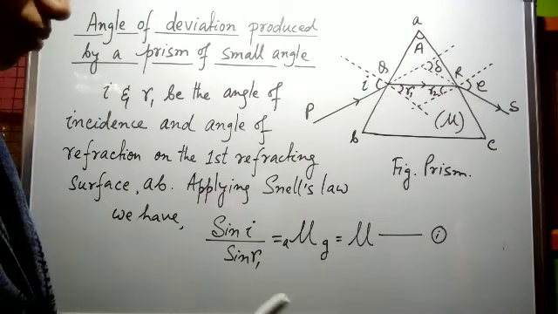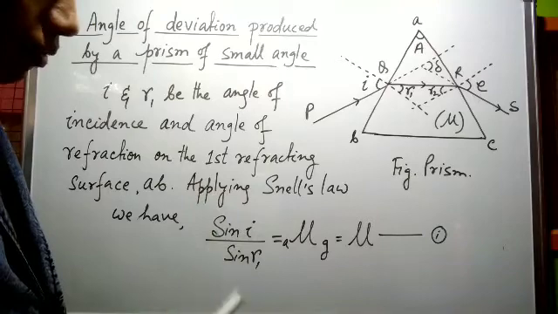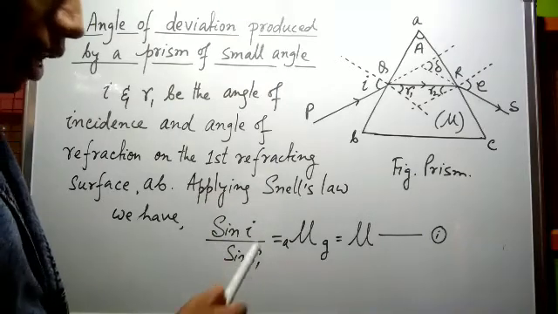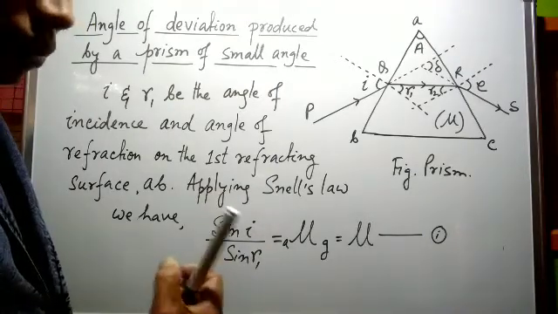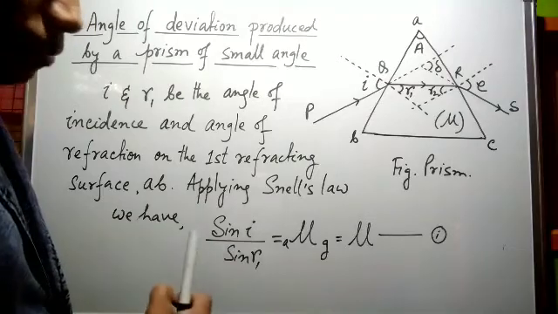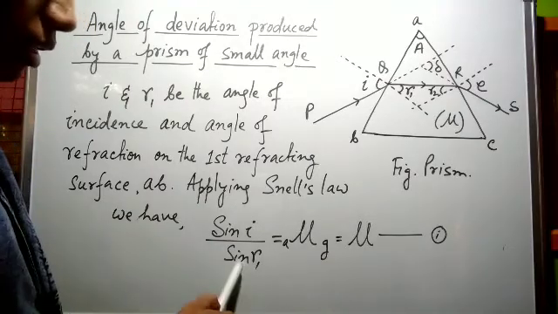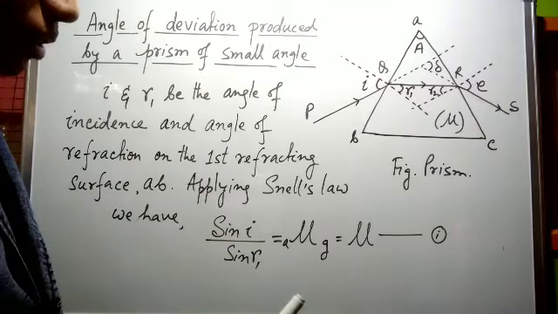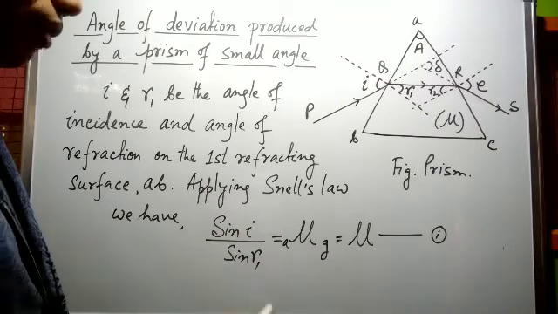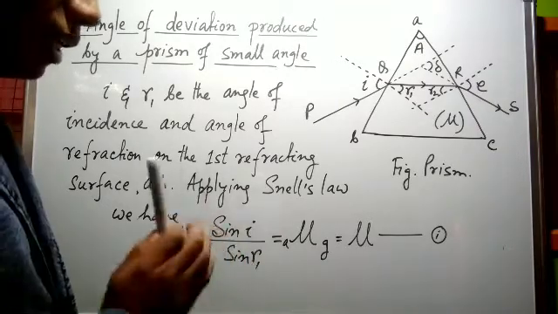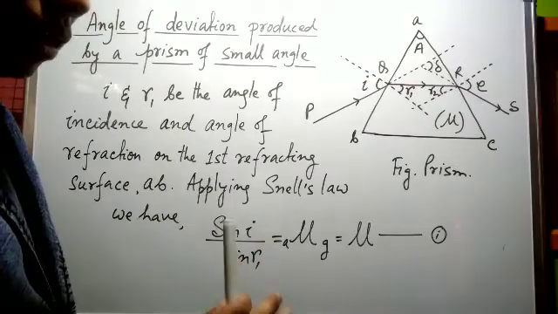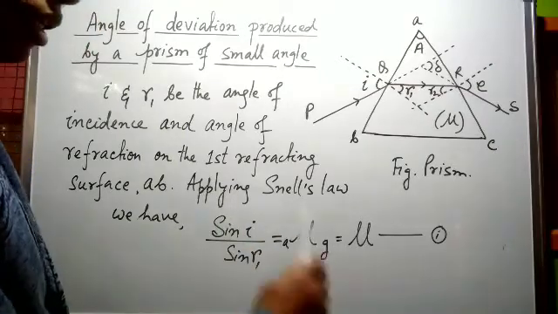If the angles I and R1 are very small, then sin I should be approximately equal to I, and sin R1 will also be approximately equal to R1.